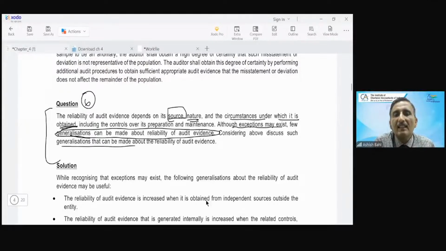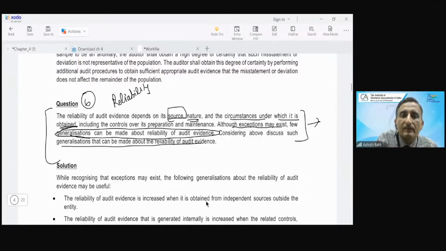Discuss which are these generalizations. Which general things can be said about the reliability of audit evidence?